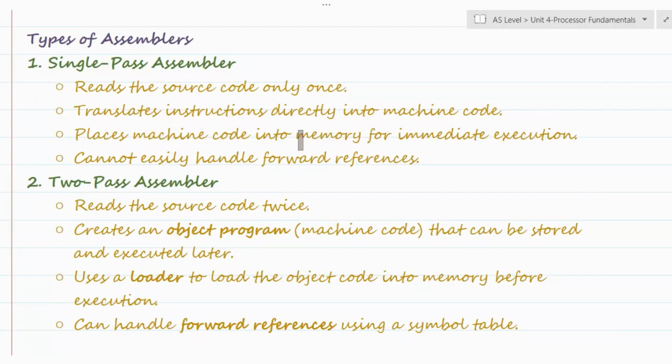This approach is very fast because the source program is scanned only once. However, there is a limitation. Single pass assemblers cannot easily deal with something called forward references. And this is the main reason why two pass assemblers are widely used.